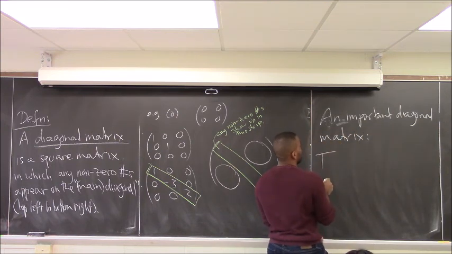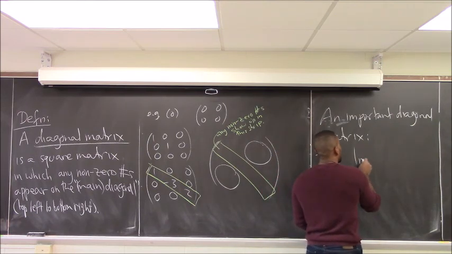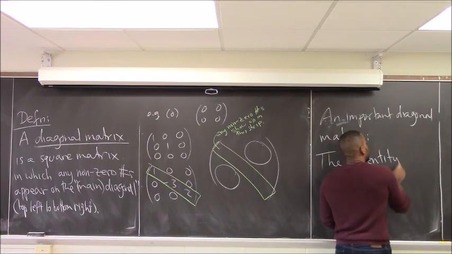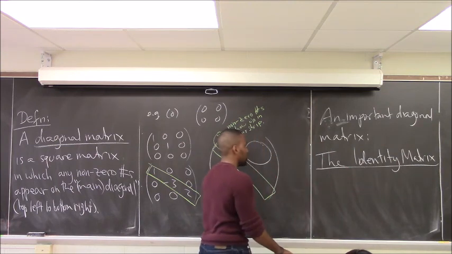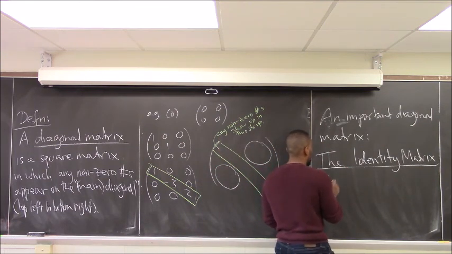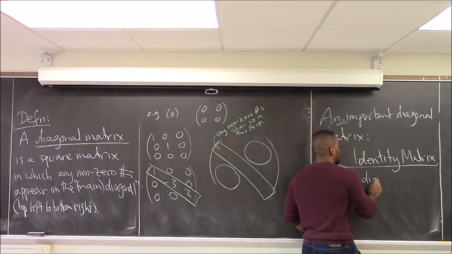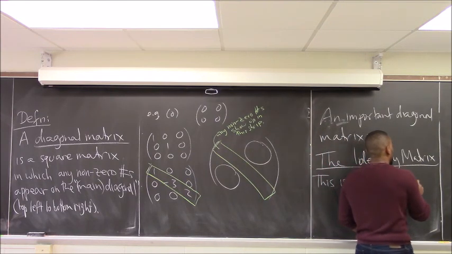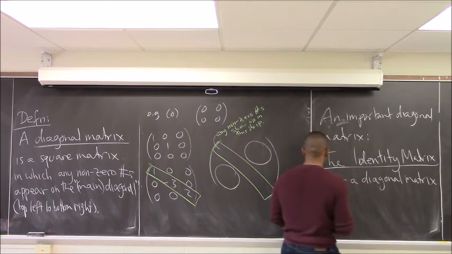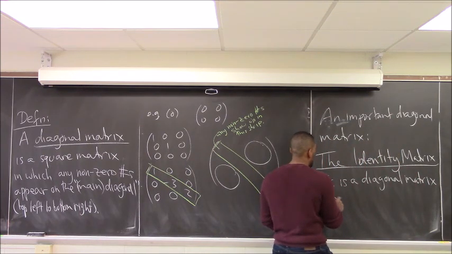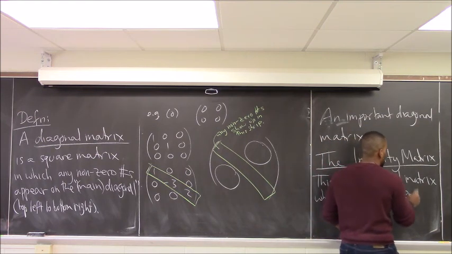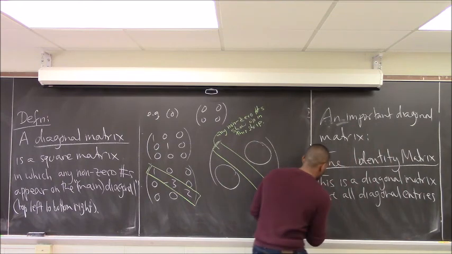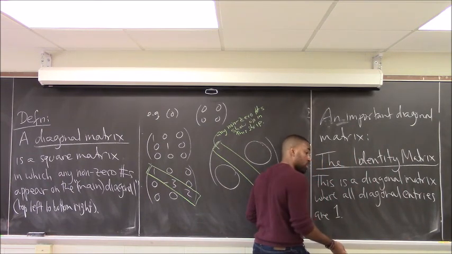It's called, D is the wrong word because again you can have several versions, but it's called the identity matrix. It's a diagonal matrix, so it's square, where all diagonal entries are 1, specifically the number 1.